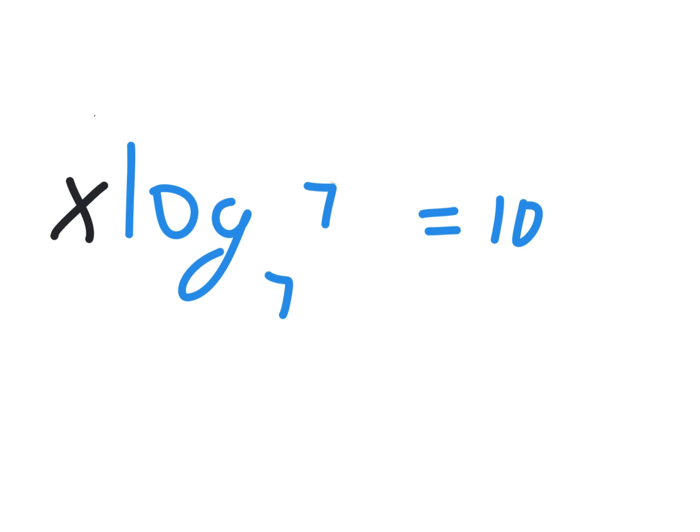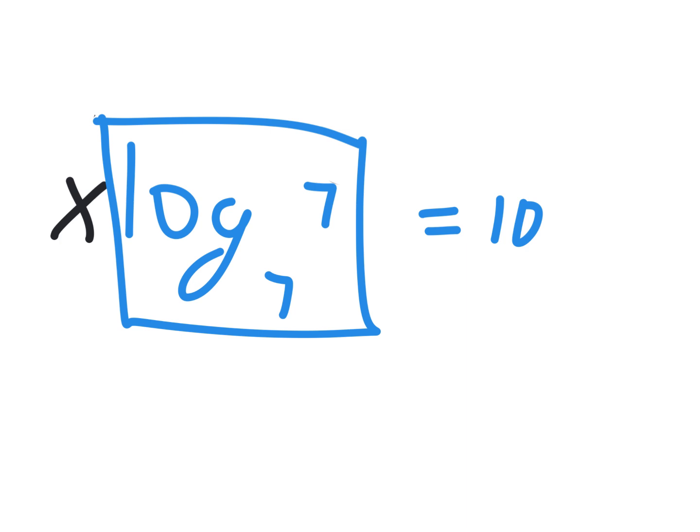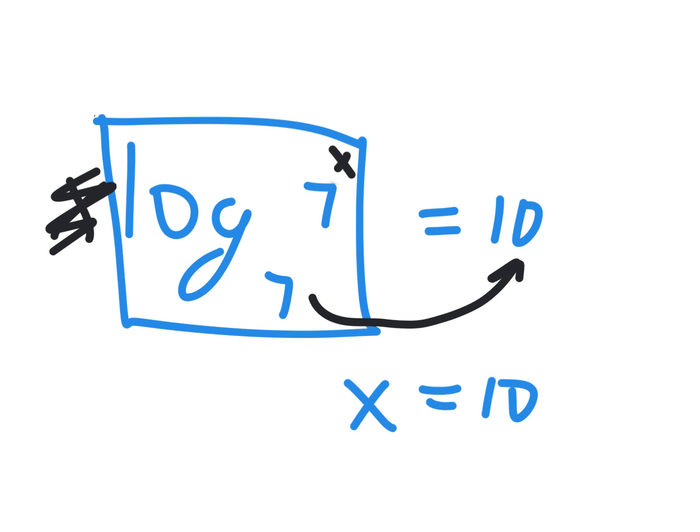And then, what's all that equal to? 1. So now x is equal to 10. Let me show you the alternative. If I didn't do it that way, I left this x up here, I'd have to go this other way, which involves a rewrite, which is a lot longer and more painful.